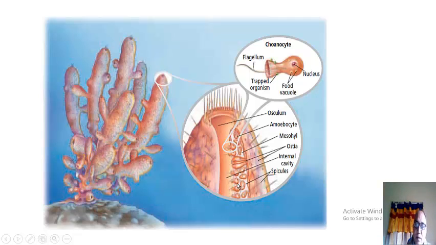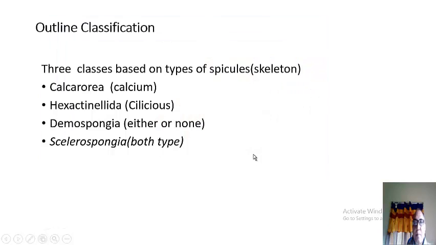The endodermal cells are all made up of choanocytes. These choanocytes have collar cells and also a flagellum. The movement of the flagella helps pump water out of the osculum. As a result, water enters through the ostia from the body pores.